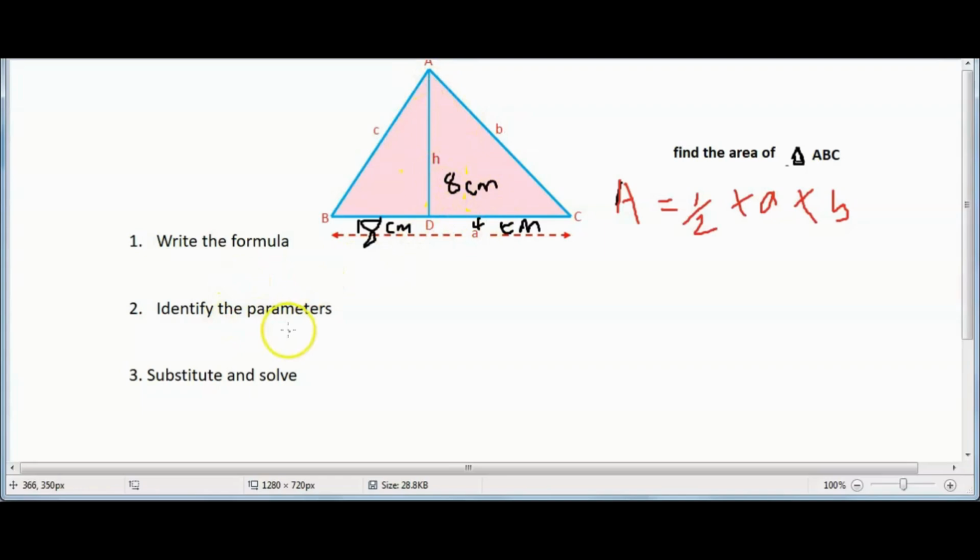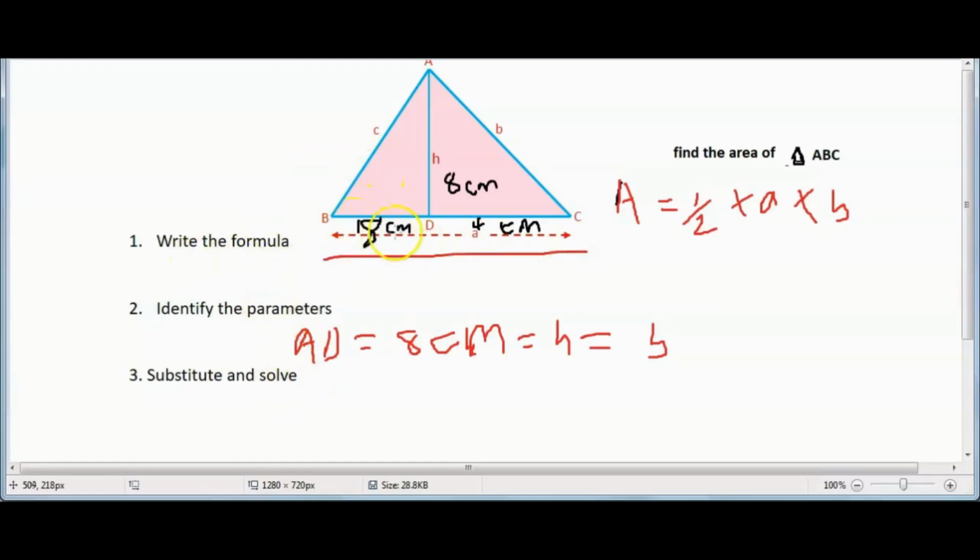So for the parameters, we are going to say AD equals 8 centimeters. This is the same thing as h, but in our case we use it as b. And then side BC, there are 2 numbers given here.